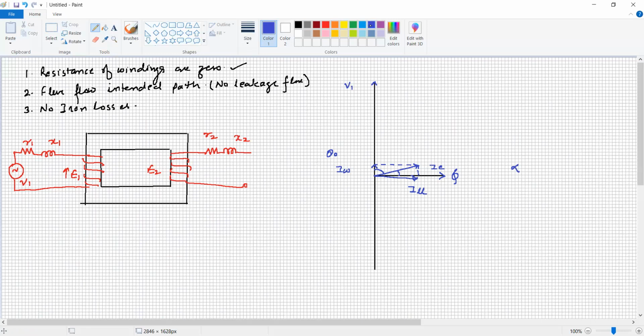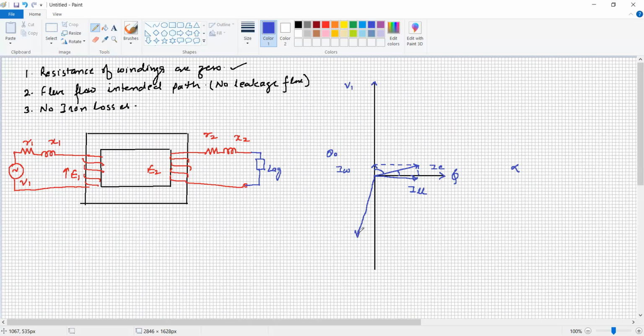Now, under load condition, say there is a load drawing current, for example a lagging load. So the current is lagging the voltage.